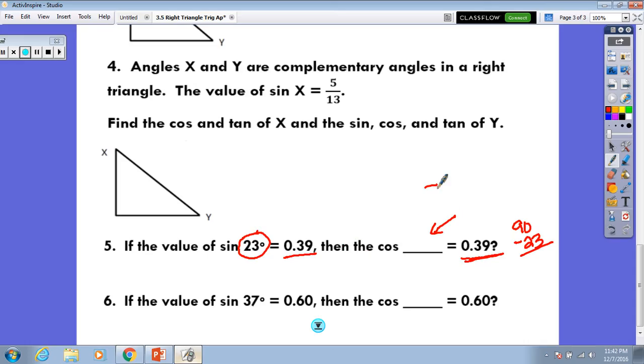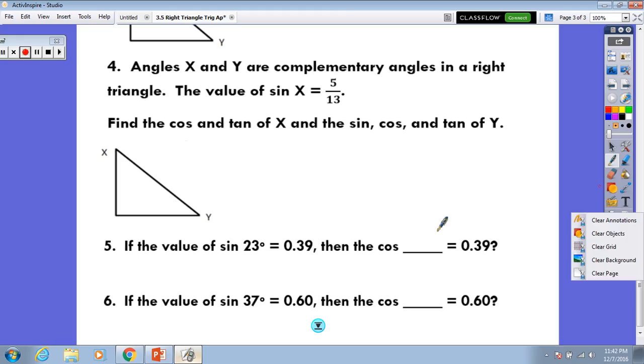So this one would need to be 67 degrees in order for them to be the same. Alright, now we're going to do the same thing for this one. So this one is 37. It's equal to 0.6.